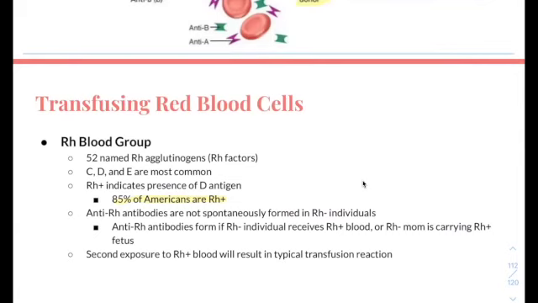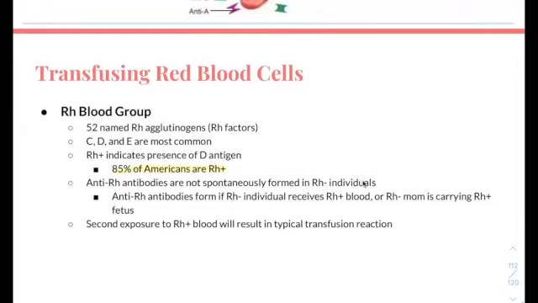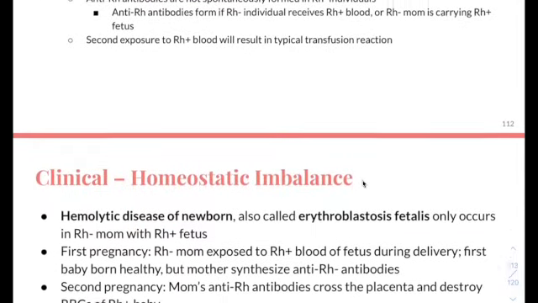The first time an Rh negative person is exposed to that Rh positive blood, they'll have a typical transfusion reaction. It's nothing out of the ordinary. It's that second transfusion that will cause a reaction. You'll get a really good reaction.